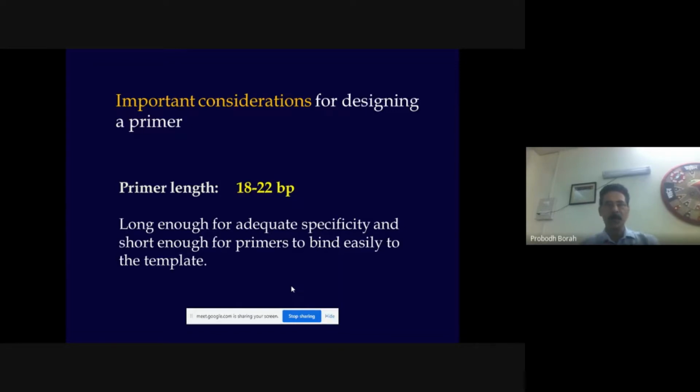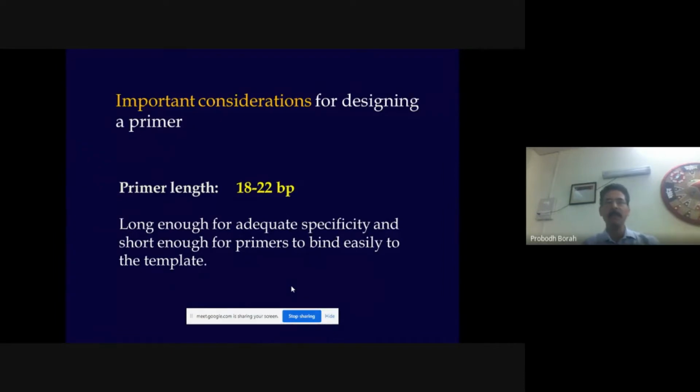ATGCC, suppose, ATGCC. So these are 5 nucleotides present in the primer. Now, because it is a short length of a sequence, this kind of sequence may be present in many different positions within the genome sequence of an organism.